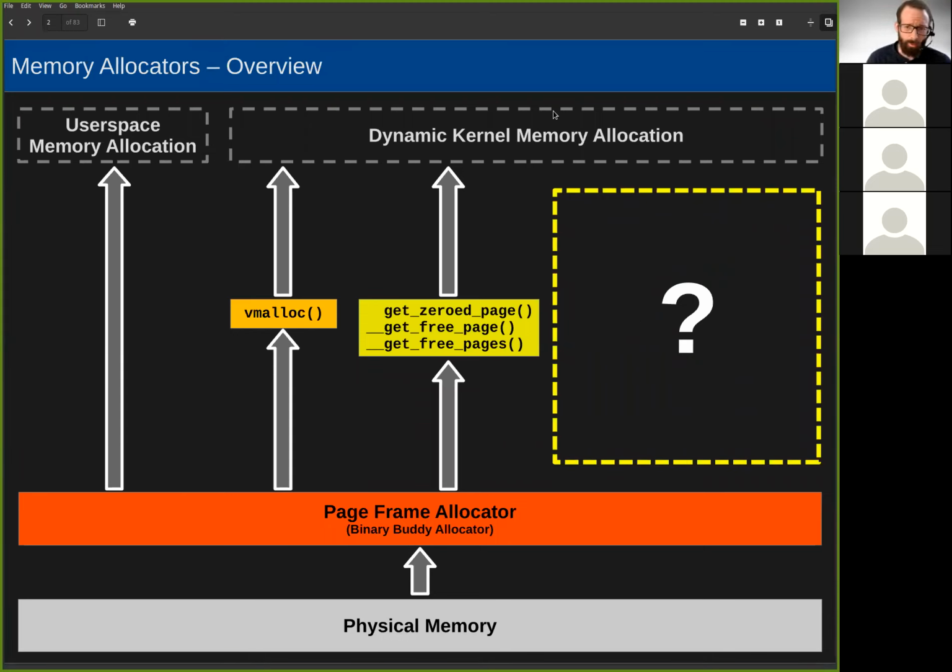And so, where we left off on Monday, we were talking about page frame allocation, this thing called the binary buddy allocator that grabs big blocks of physically contiguous memory in orders of 2, right? So you can get 1 page, which is 2 to the 0 pages, order 0, or order 1, which would be 2 to the 1 pages, so 2 pages, or order 2, which would be 2 to the 2 pages, so 4 pages.